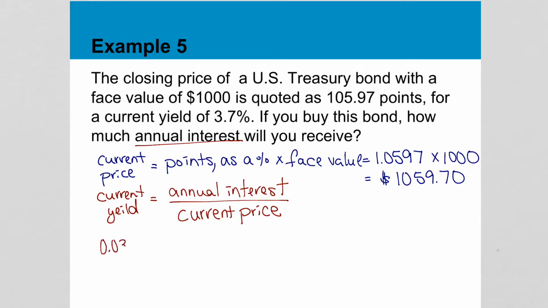It's 0.037. We're trying to find the annual interest. And our current price, we just found to be $1,057.70. So to solve this, we need to multiply both sides by $1,057.70.